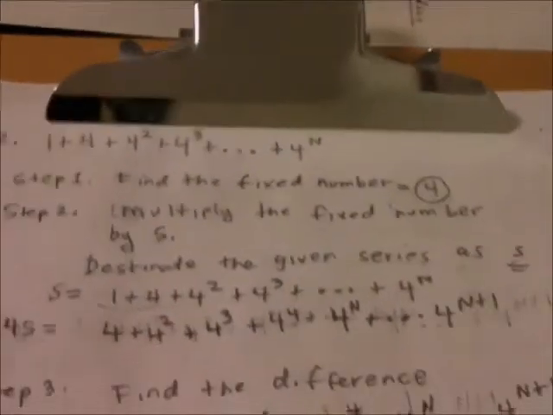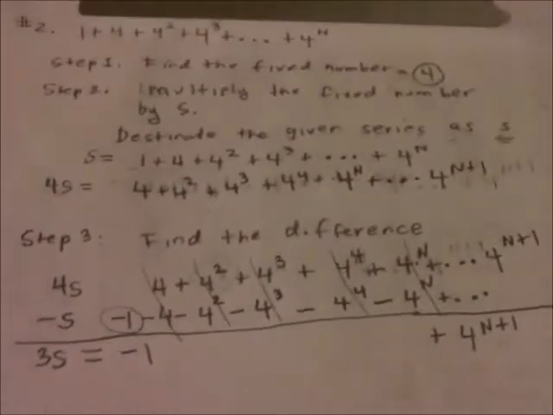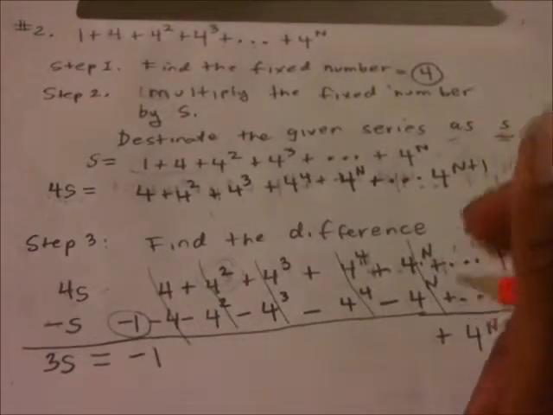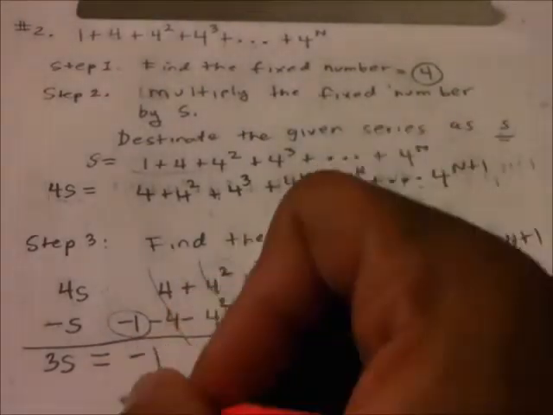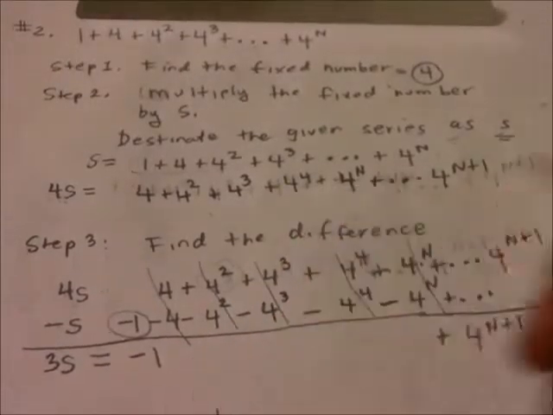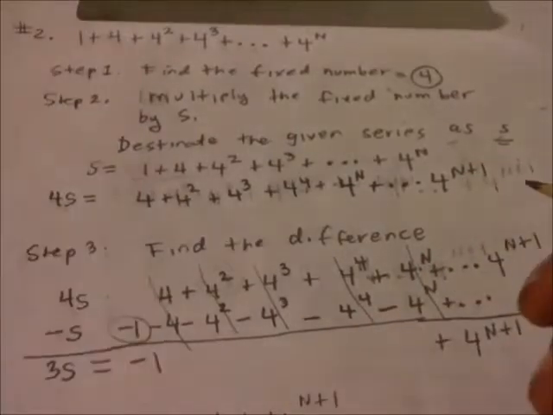Now we have this, and then I'm going to do this. 3s equals negative 1 plus 4 to the n plus 1. Now solve for s.